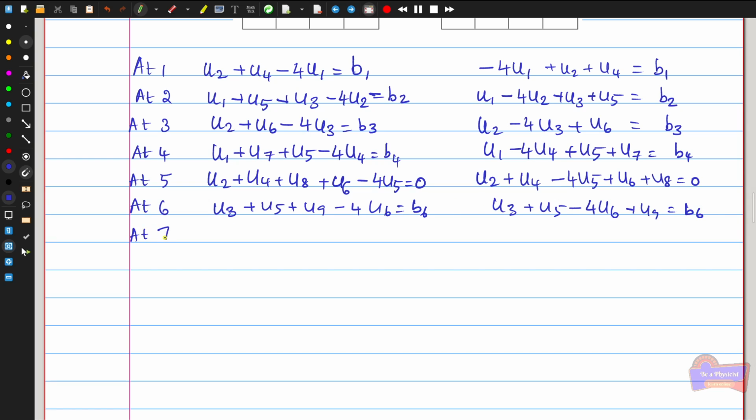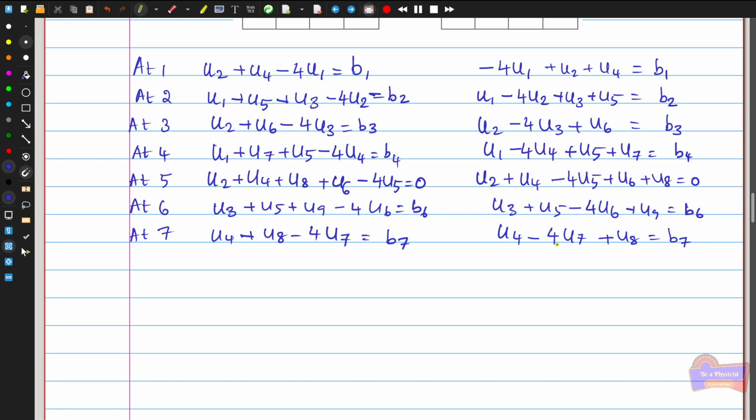At 7 we have u4 plus u8 minus 4 times u7, which is equal to boundary 7, or I can write this as u4 minus 4 times u7 plus u8, which is equal to boundary 7.